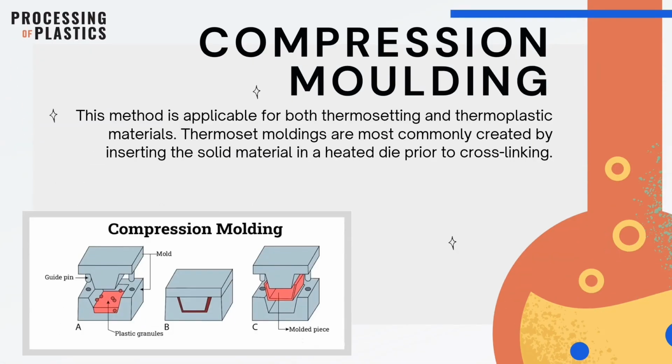This method is applicable for both thermosetting and thermoplastic materials. Thermoset moldings are most commonly created by inserting the solid material in a heated die prior to cross-linking. Compression molding involves molding of molten plastic through compression, and it is used for thermoplastic as well as for thermosetting polymers.